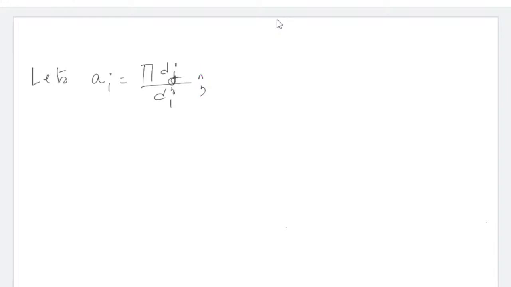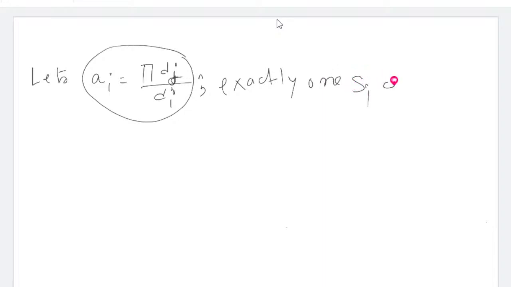Suppose Ai equals this term, right? And so we need to prove that exactly one. Suppose the sequences are such that Si contains Ai, right?